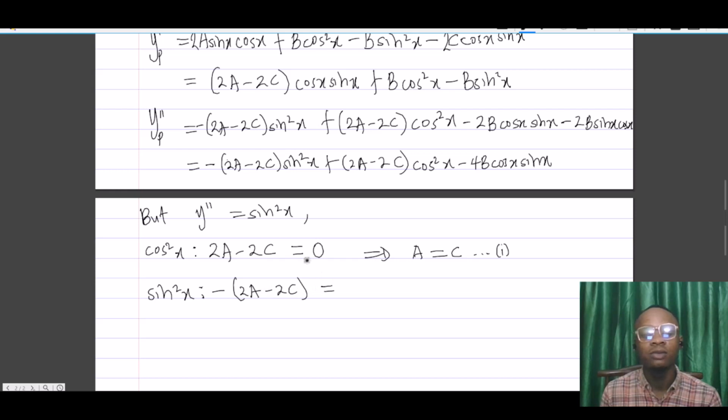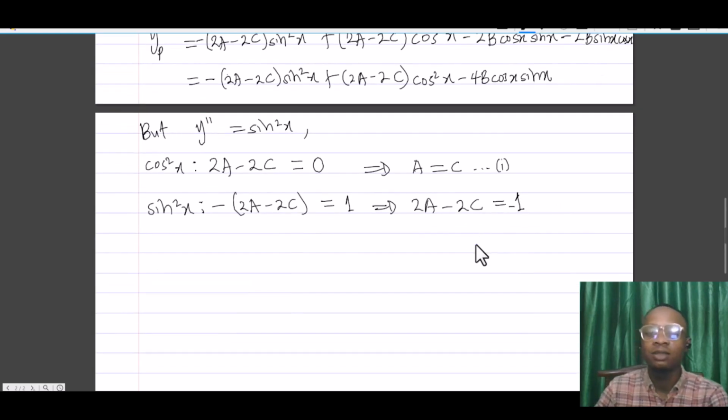It should be equal to the coefficient of sine squared x, which is 1. So this means that 2a minus 2c is equal to 1. Sorry, 2a minus 2c should be equal to minus 1.